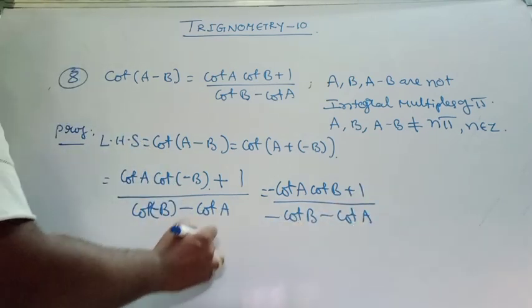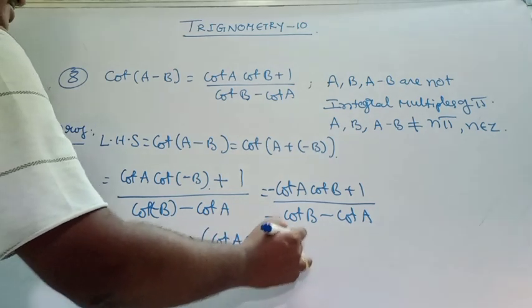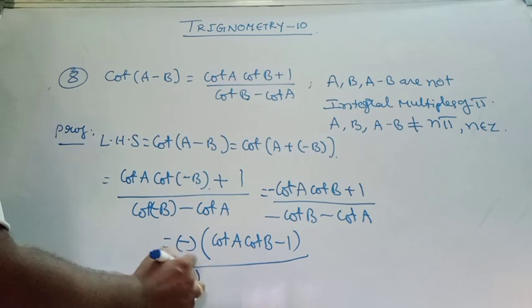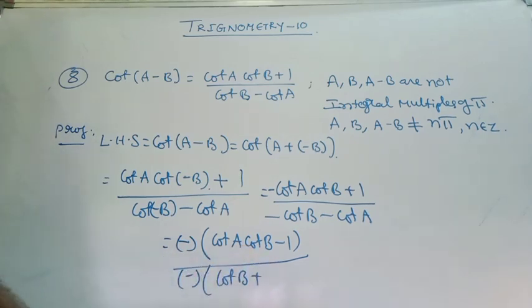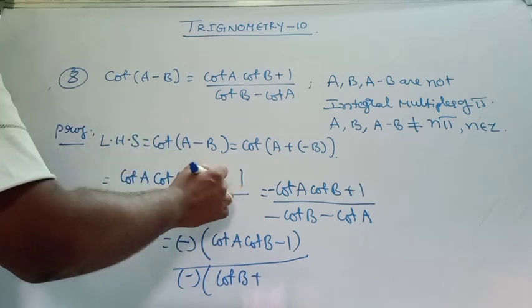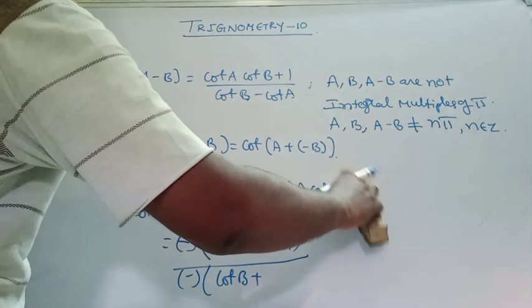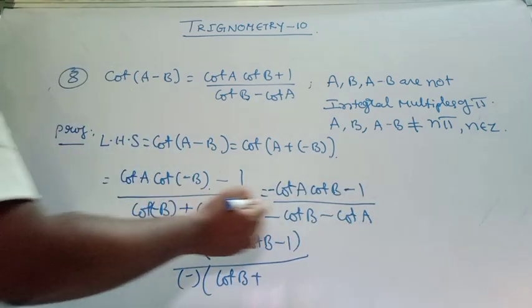If you take minus common, this becomes cot A cot B minus 1 by cot B plus cot A. Right, my dear students, here cot of A plus B is cot A cot B, minus 1 here, and here also it is minus 1, and it is plus here.